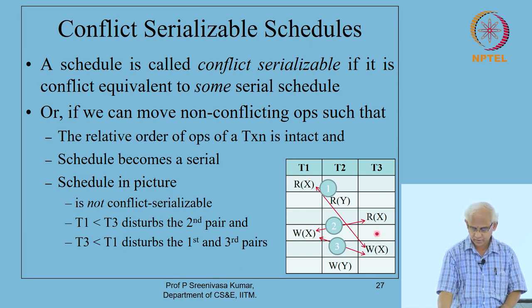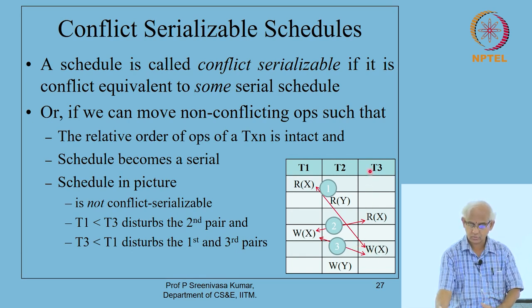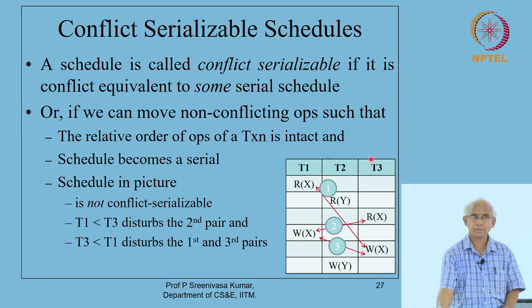So, trying to put T3 before T1, what it means is that I should actually take these things all the way up here. If you try to take all these things all the way up here, then this pair and this pair will get disturbed, because you are trying to take this Wx all the way above.